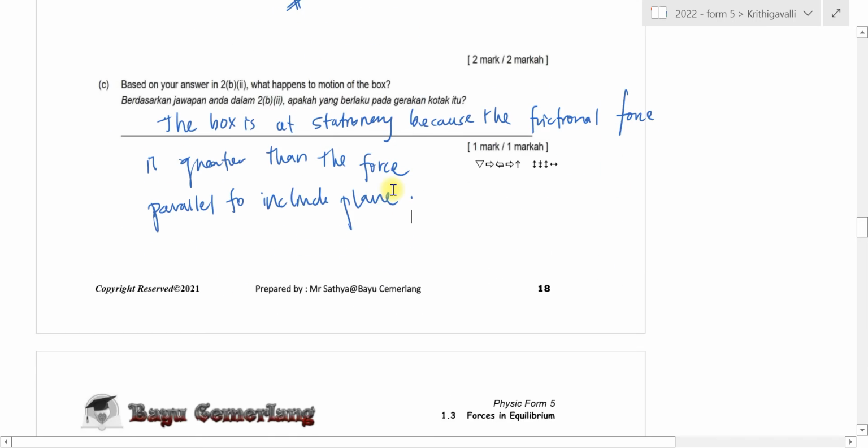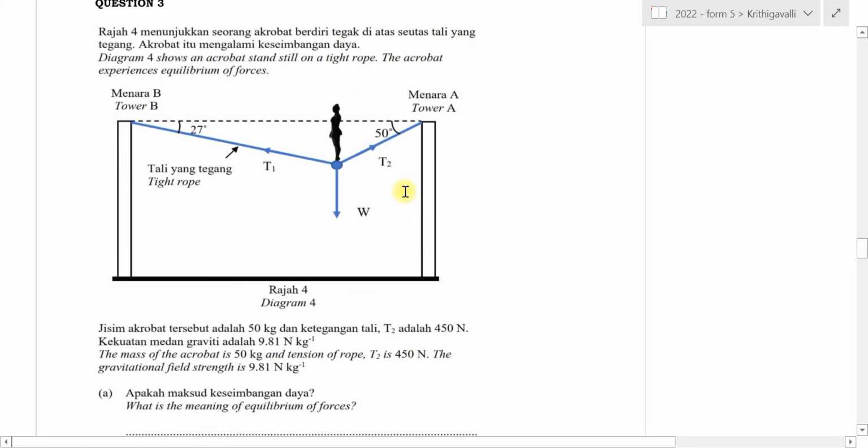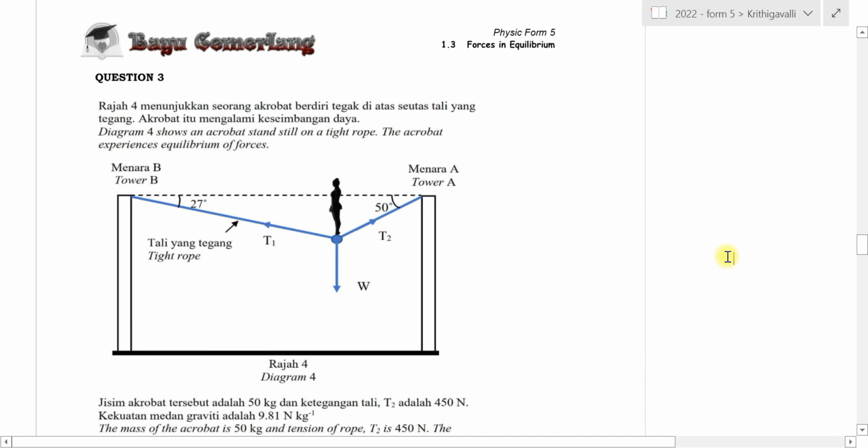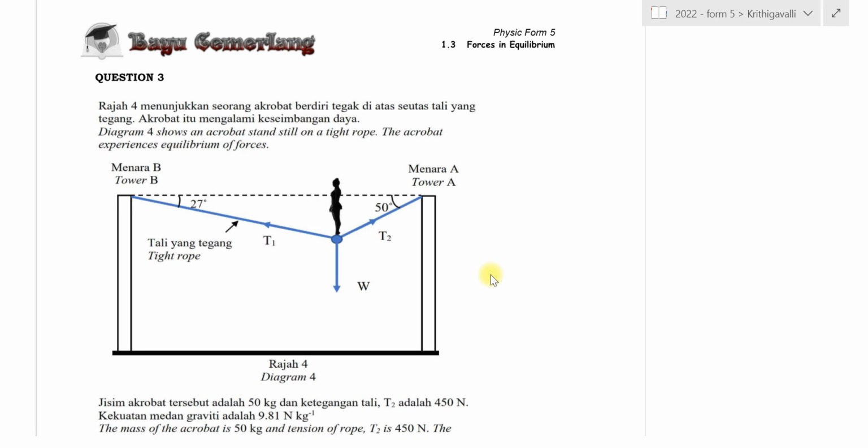All right, next part, question 3. This was a last year trial paper question. Diagram 4 shows an acrobat standing still on a tight rope. The acrobat experiences equilibrium of force.